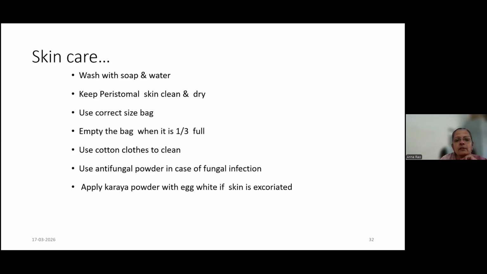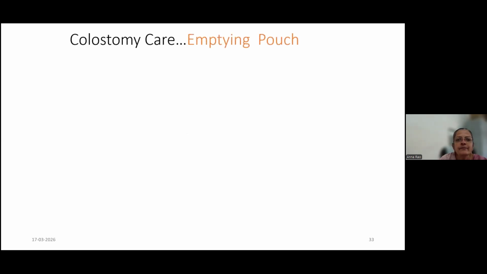Caraya powder mixed with egg white will help with the excoriation, and plus it helps the bag stick well. Any other kind of powder or cream on the peristomal skin should be avoided.